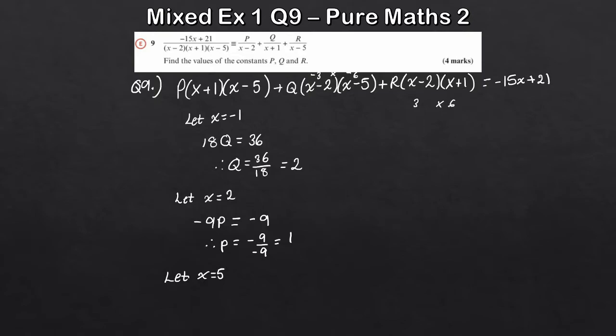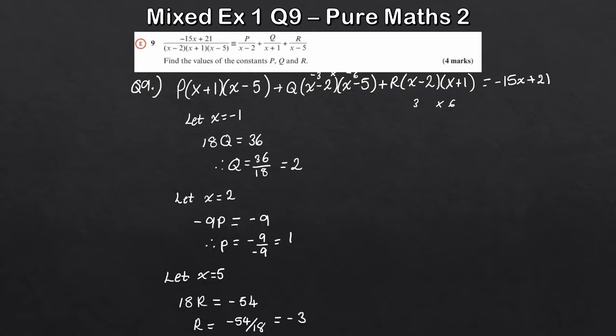So we've got 3 times 6, so that's 18r. What will this be equal to? It's going to be minus 15 times 5 plus the 21. Just plug that into your calculator, and you get minus 54 there. And again, just solve this now. r is equal to minus 54 divided by 18, and that gives us minus 3 there.